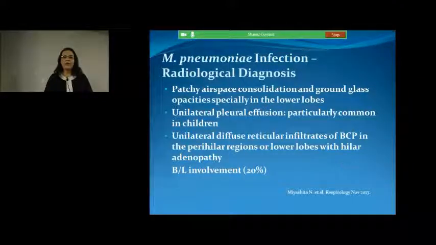Unilateral pleural effusion is particularly common in children, around 25%. Diffuse reticular infiltrates of bronchopneumonia in the perihilar regions or lower lobes with hilar adenopathy are also common and can be bilateral in 20% of the cases.